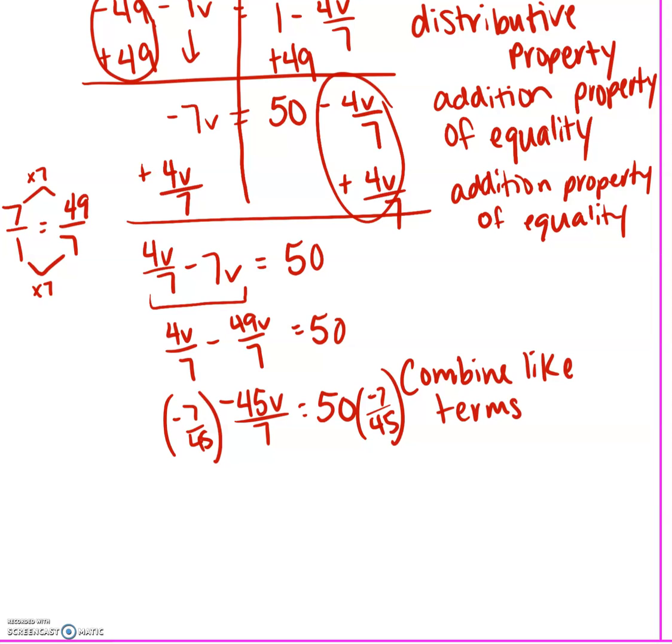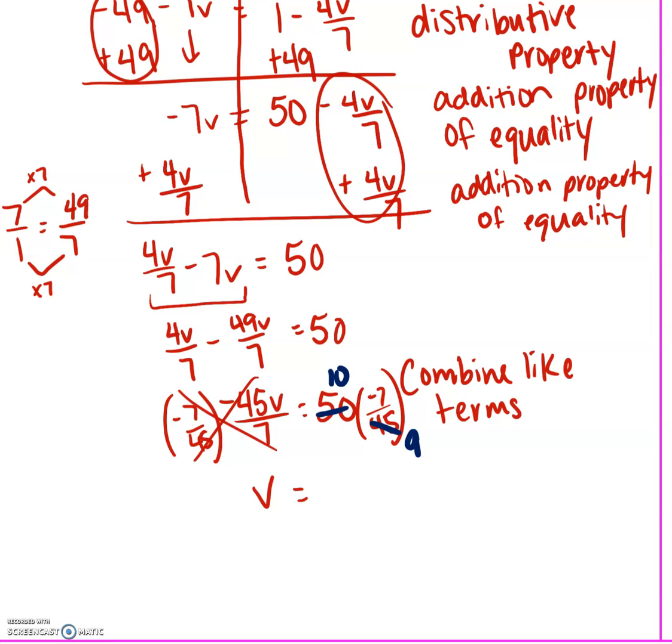So when I multiply negative 45 over 7 times negative 7 over 45, that cancels out, leaving me with v equals, and I can do some canceling out here. 5 goes into 45 9 times, and 5 goes into 50 10 times.